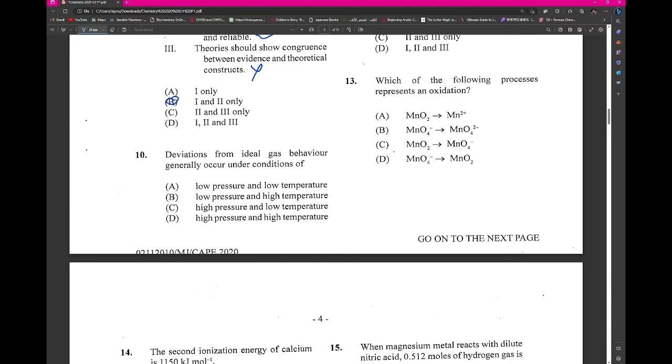Deviations from ideal gas behavior generally occur under which conditions? I'm going to give you guys a second to really think of that. Which conditions do we have deviations on the ideal gas law?